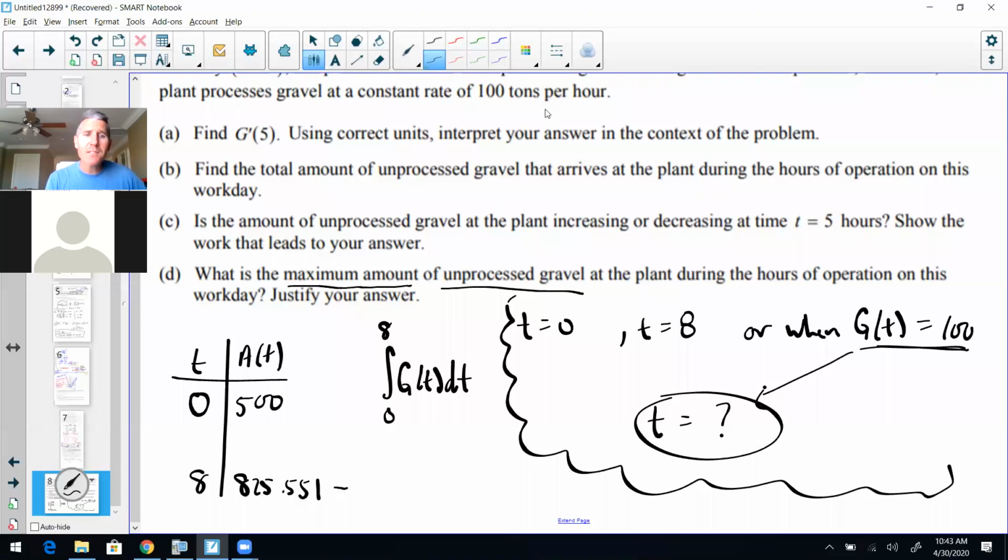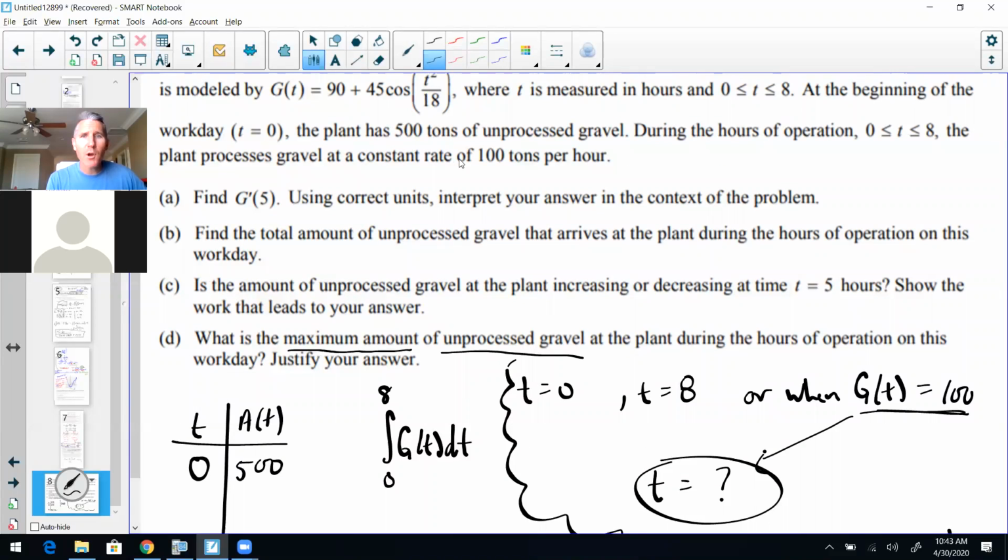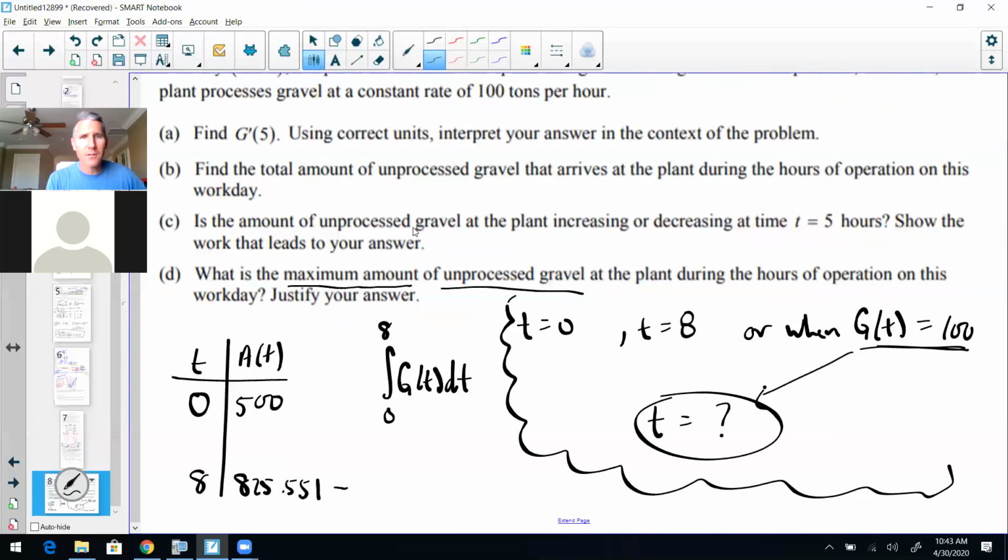But they also had 500 there, and they processed 800 tons of gravel. So it's 500 plus that minus 800. That's what we got from part B.